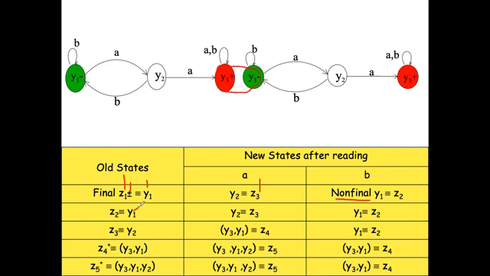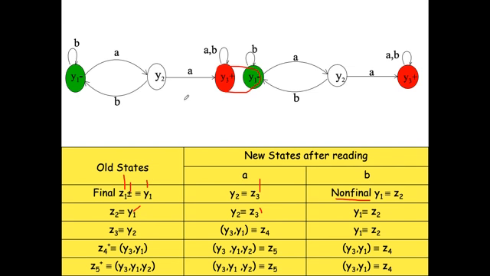So Z2 is Y1, then Y1 reading A, we go to Y2, and Y1 reading B, we go to Z2. This is a new one, Z3, Y2.